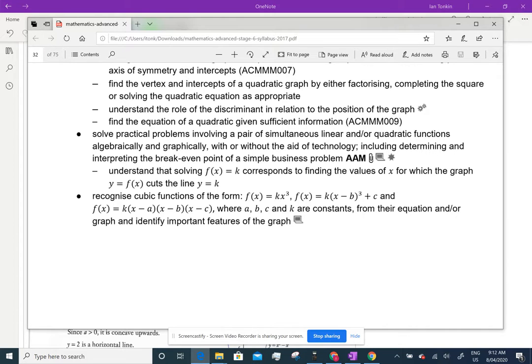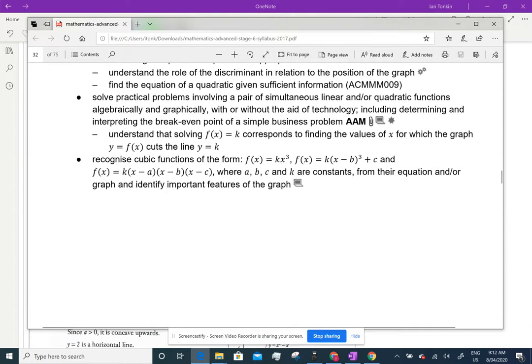Find the equation of a quadratic given sufficient information. And that was that exercise, I think it was 411 or 412, where they gave us 3 points. And there's been a lot of discussion about that amongst teachers throughout New South Wales about what that actually means. But hopefully that'll become clear as this year's HSC sits, in case they have any there.